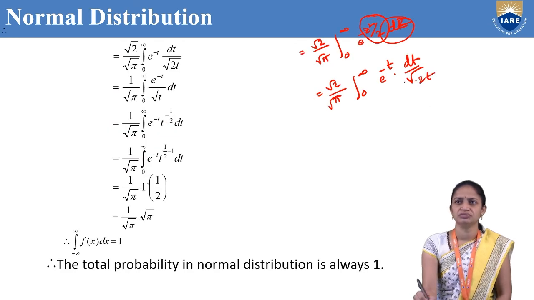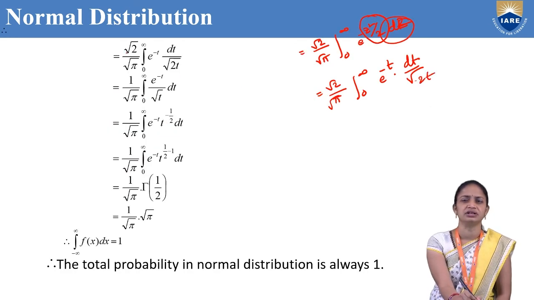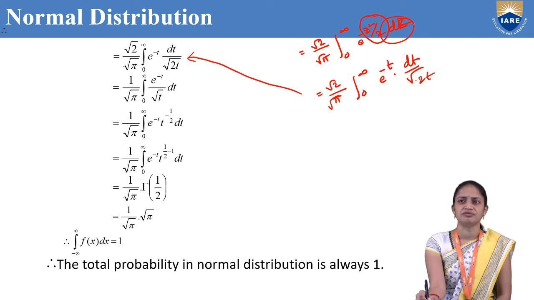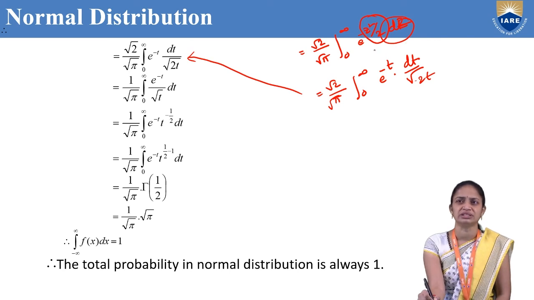So after substituting the previous slide values, we will get root 2 divided by root pi into the integration over 0 to infinity of e power minus t dt by under root of 2t.